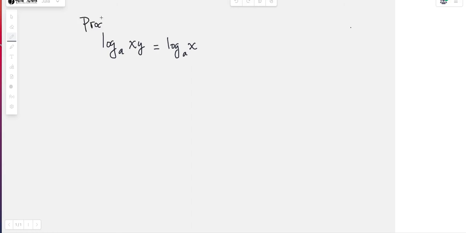If you have a product inside a log, like log base a of x times y, it turns into a sum. So product and sum go together. So log base a of x plus log base a of y. It's okay. For now, just look at the board.